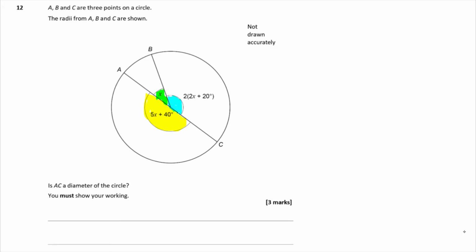Okay, and we know that angles meeting at a point sum to 360. So that means those 3 angles added together should be 360 degrees.